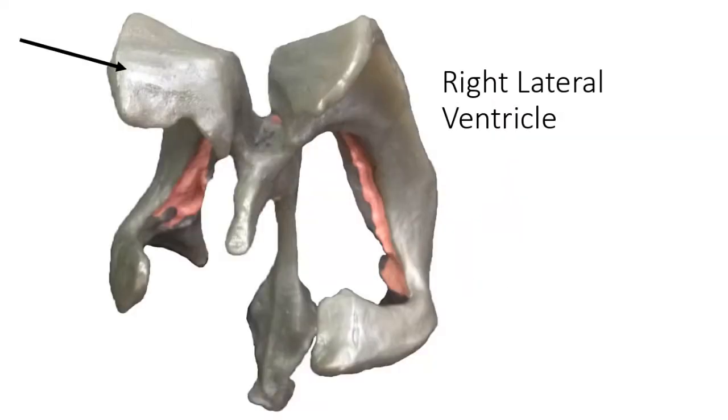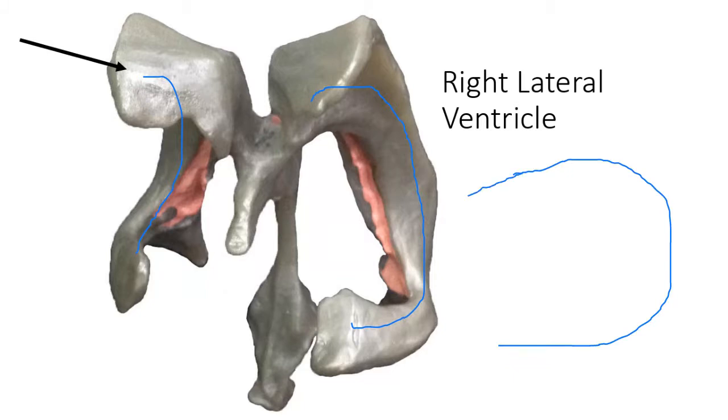Then this model on the other side is the right lateral ventricle. So this whole structure from here all the way here is the lateral ventricle. From the side, and I'll show you on another model, it looks almost like a C.